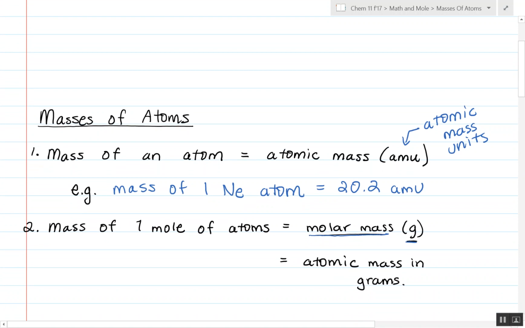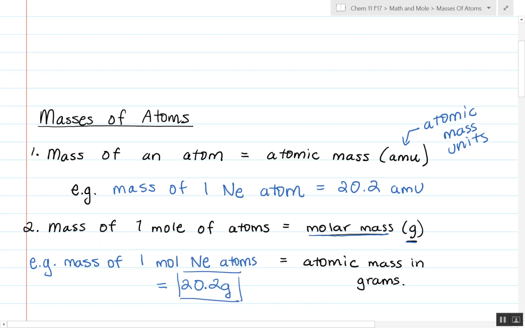So for example, if we wanted to find the mass of 1 mole of neon atoms, this would be equal to 20.2 grams.